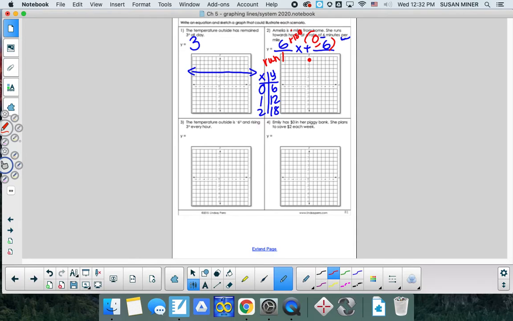So if I want to go in the opposite direction on a graph, all I have to do is literally go in the opposite direction from what I was going before. These were both positive, so I'm going to change them and go both in the negative direction to find my next point. So that means I'm going to go down 6, 1, 2, 3, 4, 5, 6, and over 1. And put my point there, and then use my ruler to draw in my line.